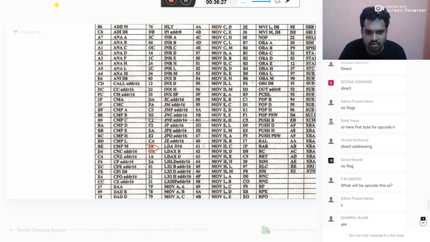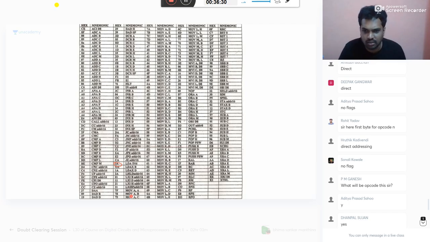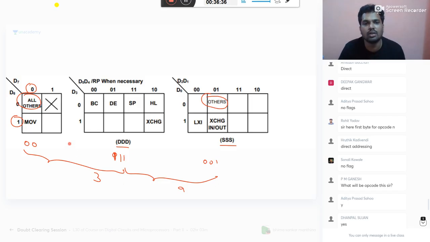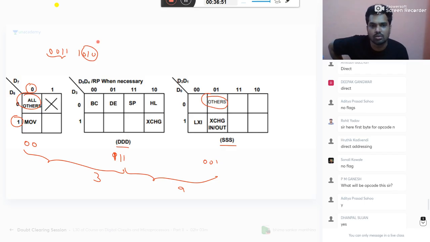LDA is 3A. 3A means 0011 1010. So this first part is correct. This is 010. For load accumulator, my last destination should be 010. Why is it 010? Source is an address.